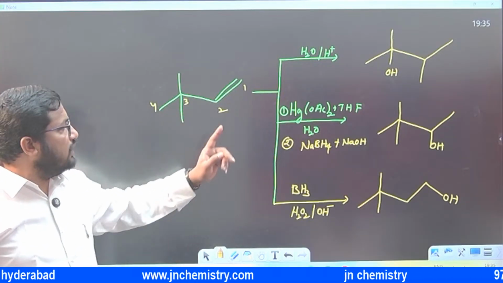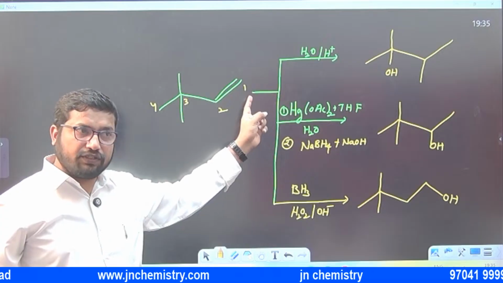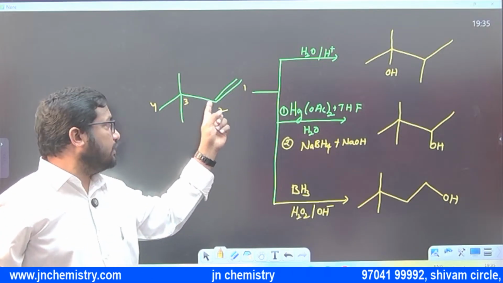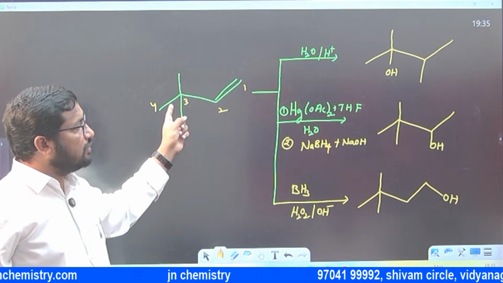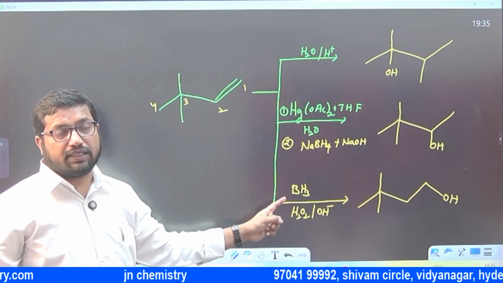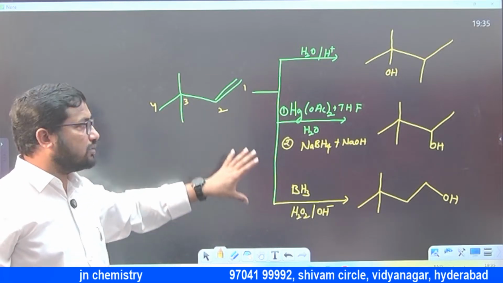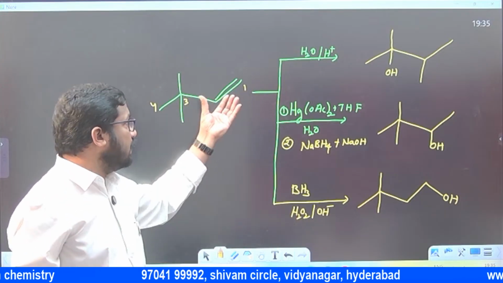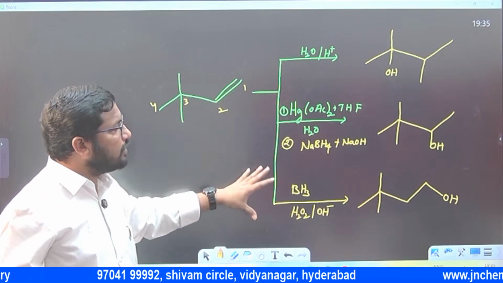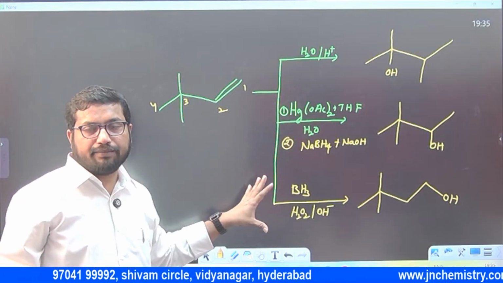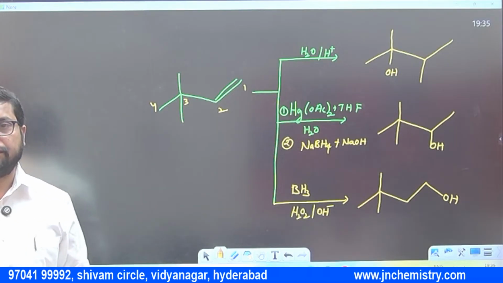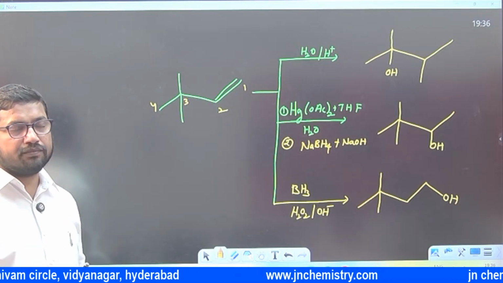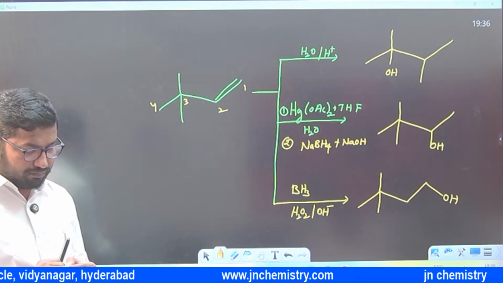If you want to add the OH at the first position, we can. Second position also, it's possible. Third position also. So three variations are there, three OH groups. These three are very important because they keep on asking one question from this particular area. Come on, write it down.